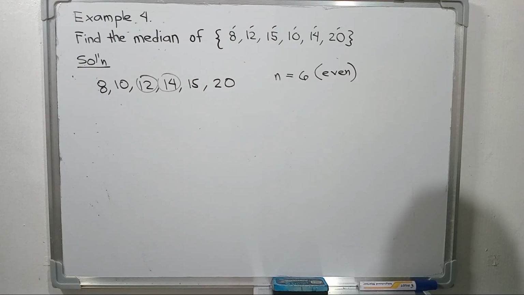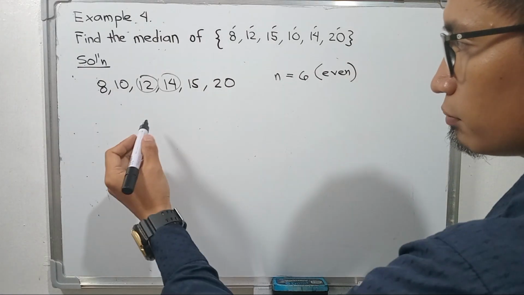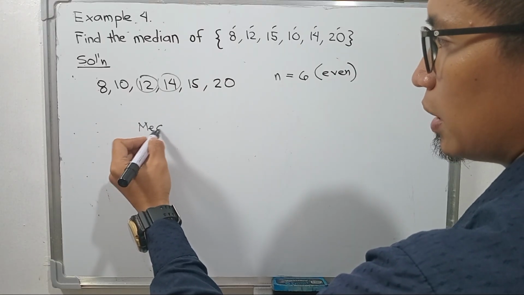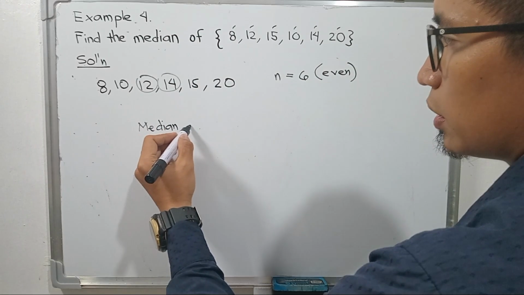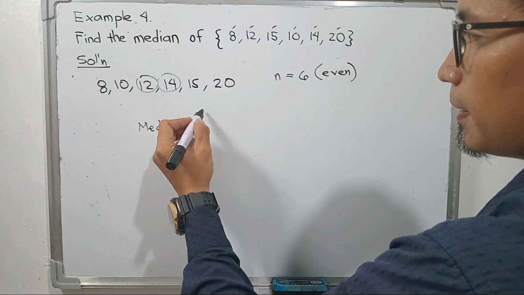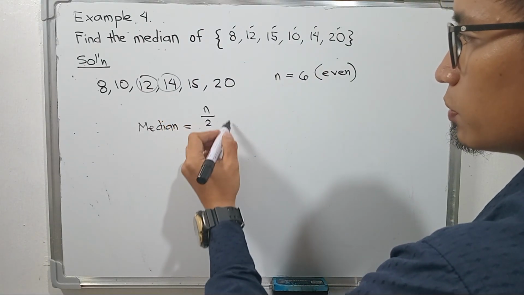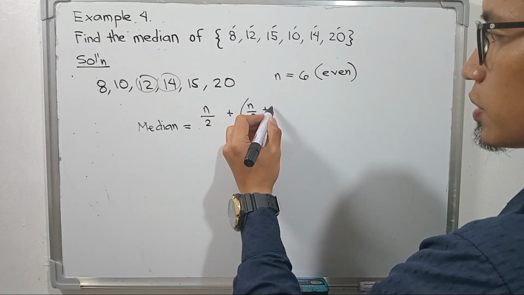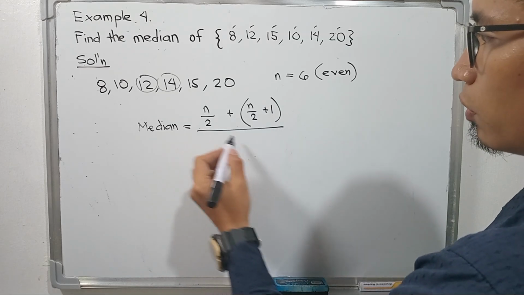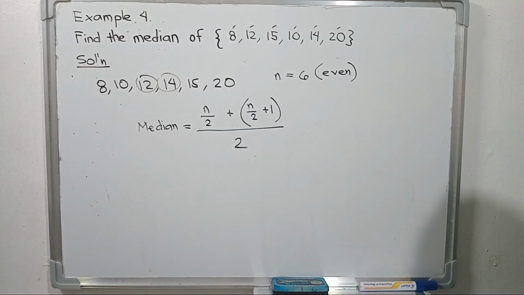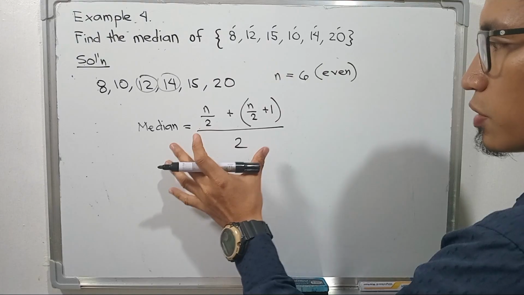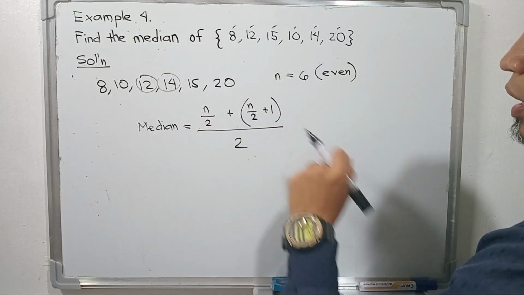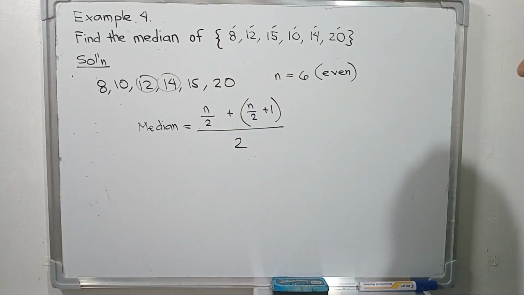We actually have a formula to do that. The formula will be median is equal to n over 2 plus n over 2 plus 1 all over 2. Now take note, we only use this formula to solve for the median if our n is an even number.